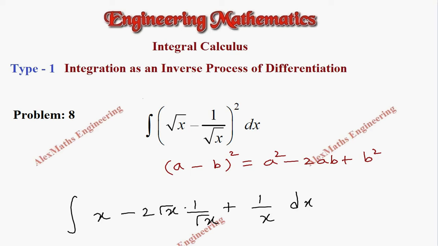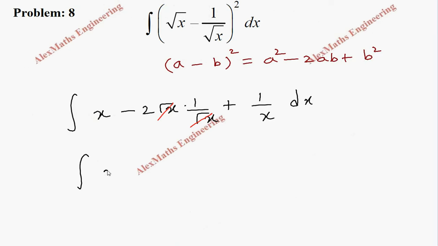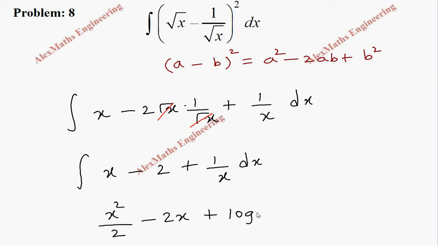We can cancel this root x and root x. Then we are left with integral x minus 2 plus 1 by x dx. X integration is x square by 2 minus 2 integration is 2x. 1 by x integration is log x plus c.